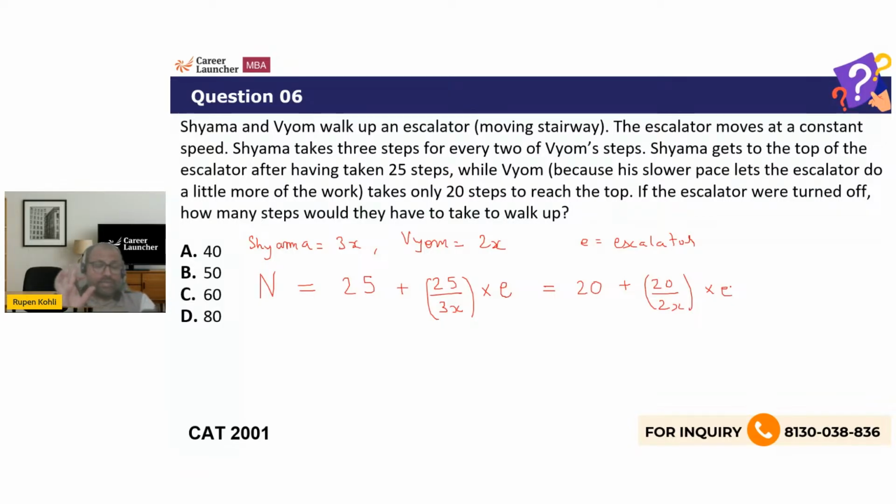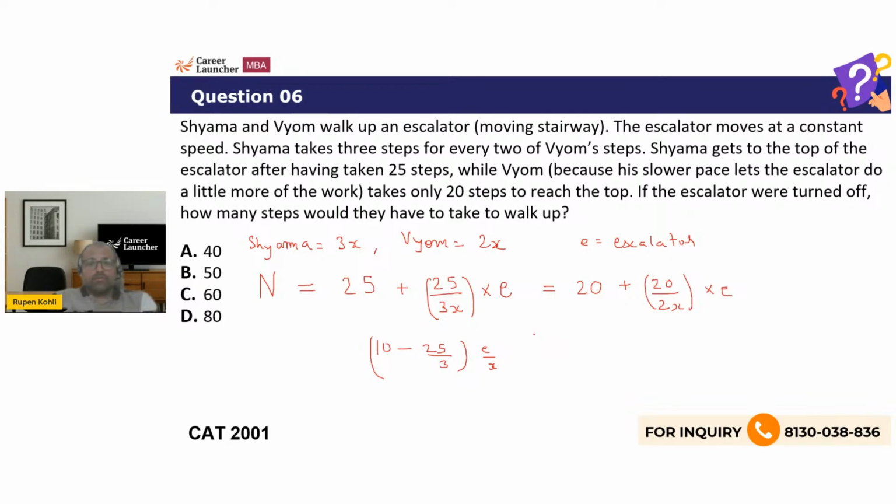Don't worry about the number of variables that have been created. It's very simple, right? So 25 minus 25 equals, this is 10 e by x, 20 by 2 is 10 e by x, and this comes here 10 minus 25 by 3 times e by x, right?